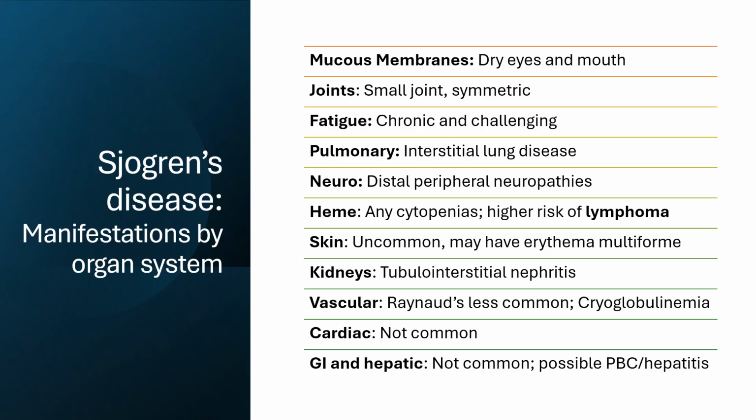As opposed to lupus, Sjogren's disease does not commonly affect the skin. When it does, one of the more common manifestations is erythema multiforme. Sjogren's also does not commonly affect the kidneys, but as opposed to lupus, which causes a glomerulonephritis, Sjogren's disease will more commonly cause a tubulointerstitial nephritis.